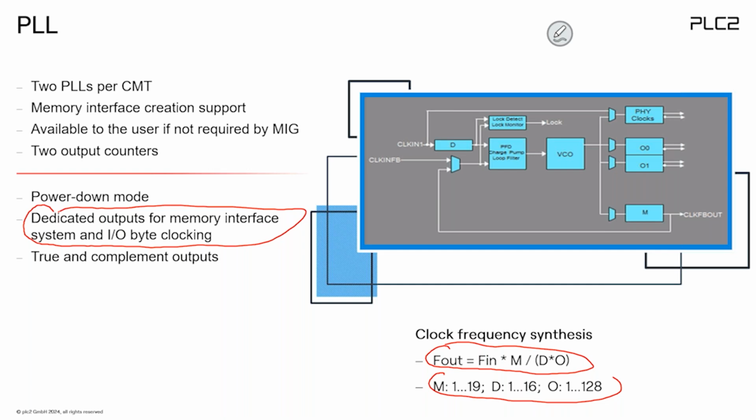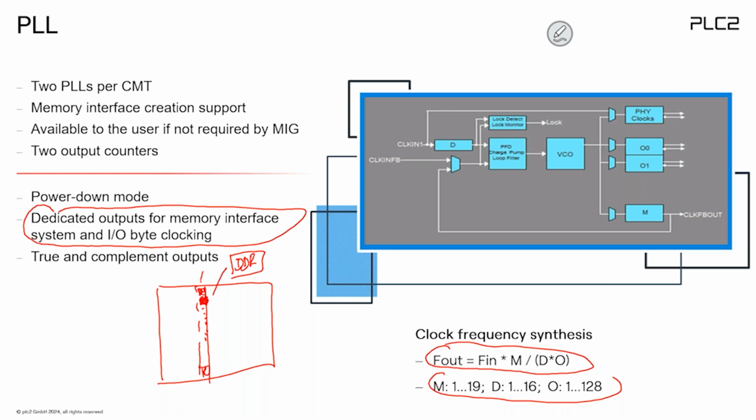This means if you implement a memory controller, this is your FPGA. You have this row here, and you have MMCM, PLL, MMCM, PLL, a lot of them. If you implement a DDRX memory here, then this PLL is already used because it's dedicated.